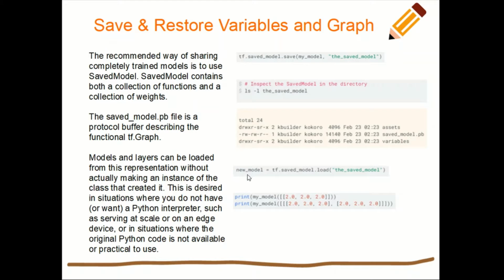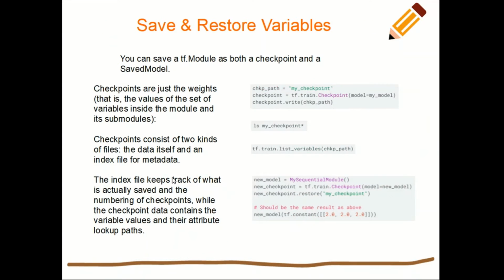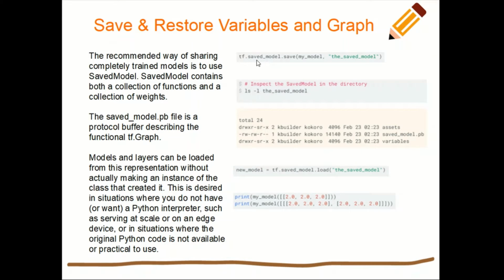Okay, so what we have to do here is create a new model by using tf.saved_model.load, and we give it the path where we had saved this model. So for a checkpoint, we have the checkpoint.write and checkpoint.restore methods, and for the save, we have the tf.saved_model.save method, and then we have a load method here, right?